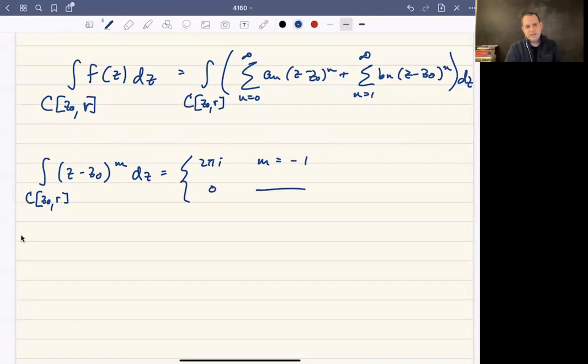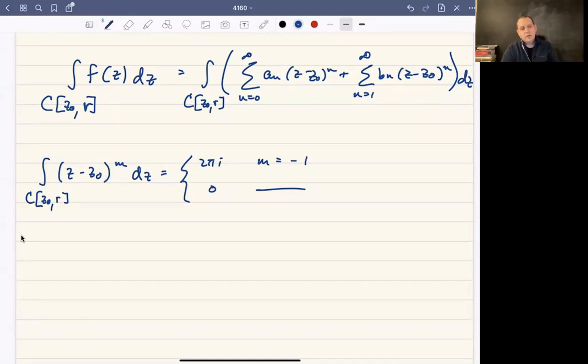So if you have z minus z naught to the -1, that's going to be the only value that picks up this 2 pi i. All the other integrals will be 0 because all the other integrals will have an antiderivative. The circle is closed, and therefore the integral will be 0 for reasons that we've talked about in chapter 4.